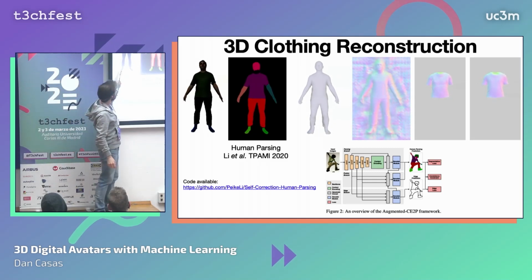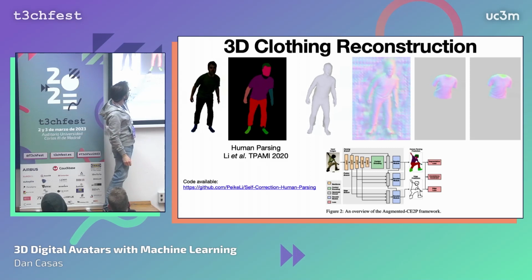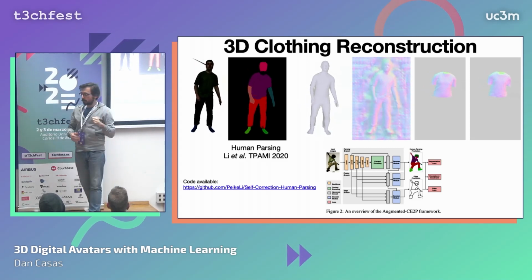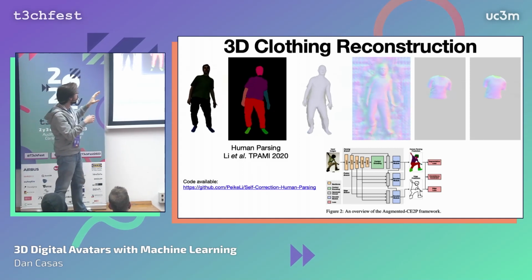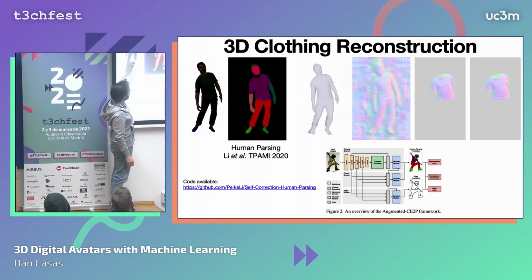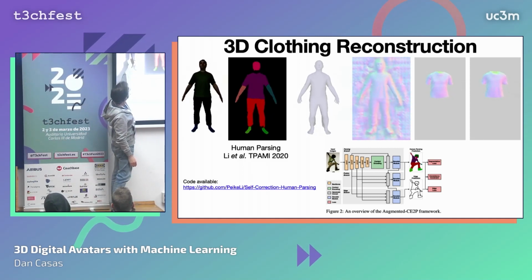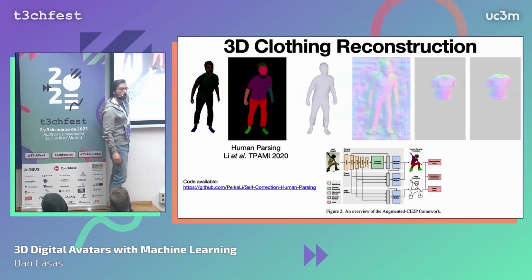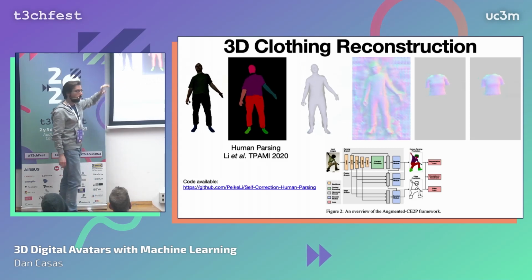So having an image where you appear, it gives you another image where each pixel has a label, right? So we use this technique to segment the image, and now we know which pixels we want to focus on. So in that particular case, where I want to reconstruct the t-shirt, I want to focus on the pixels that are colored purple, right?